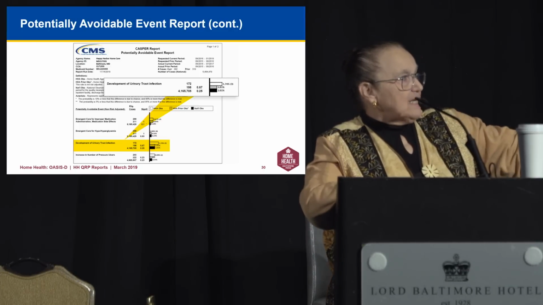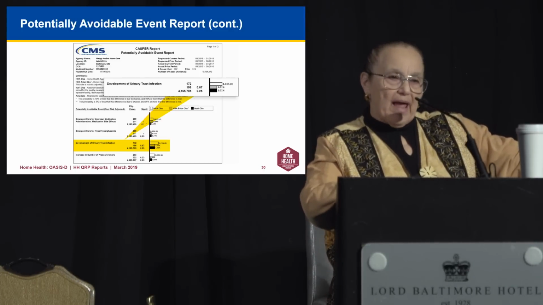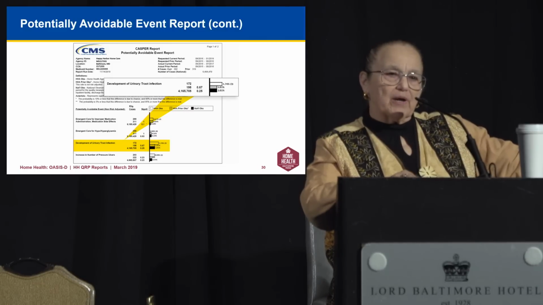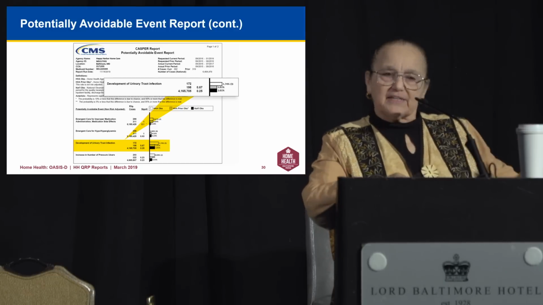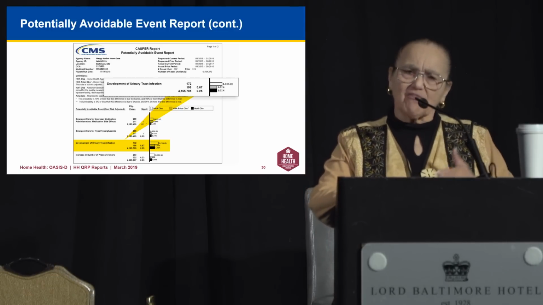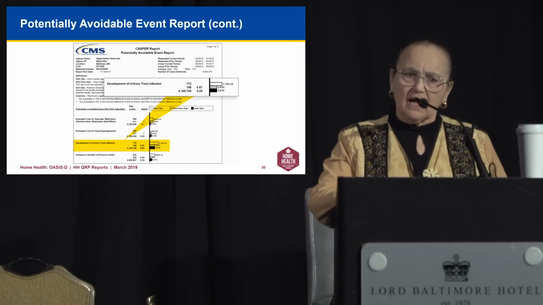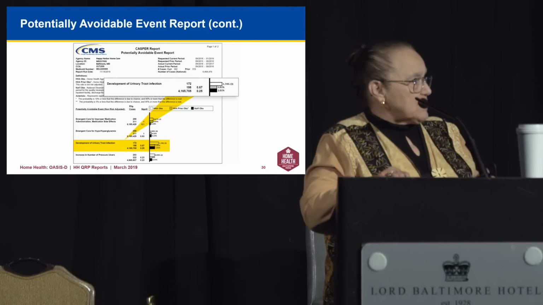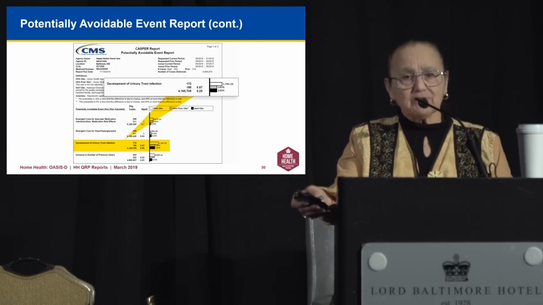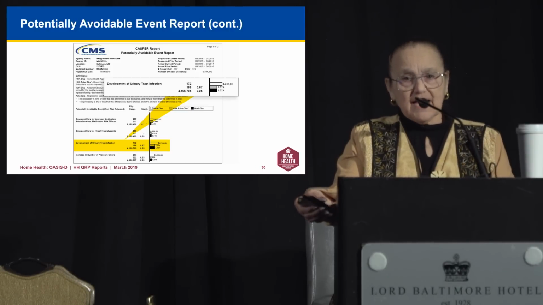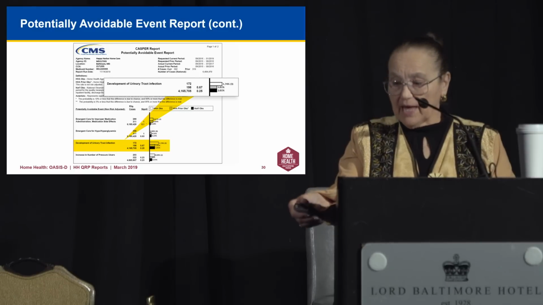You want to see how many were eligible, how many patients were in this count. And then you're looking at, did you improve over last year? Do you have more or less urinary tract infections that developed? Because that's going to inform how you set up your QAPI. It's going to tell you where the problems lie.